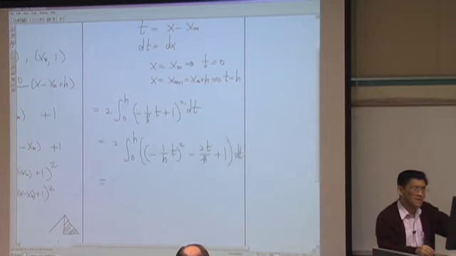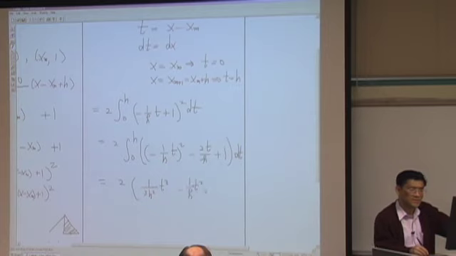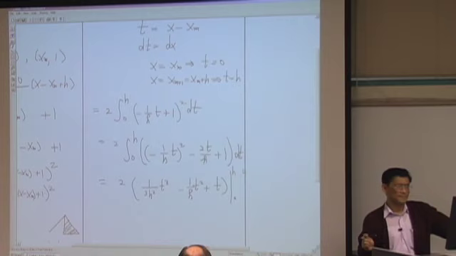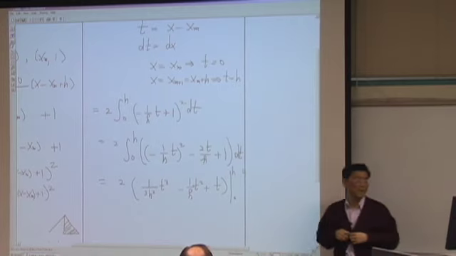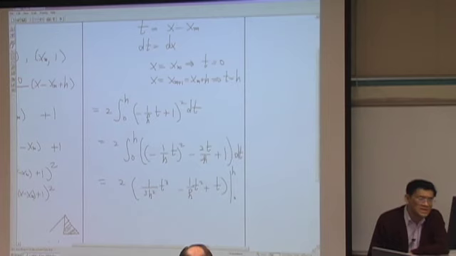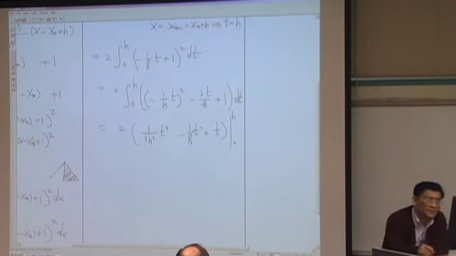If you integrate this, 1 over h squared with t cubed over 3, and then this integration gives us t squared over h, and then this integration gives us t, from 0 to h. Then now replace t by h, and then t by 0. If you replace, then what happens is h cubed over 3h squared minus h squared over h plus h.